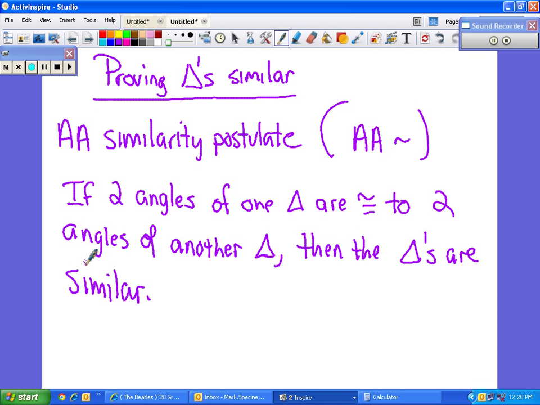So if we want to look at it pictorially, it looks like this.